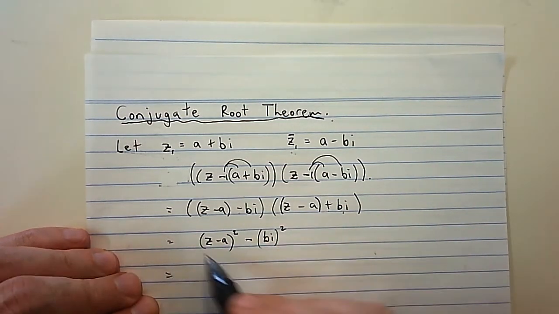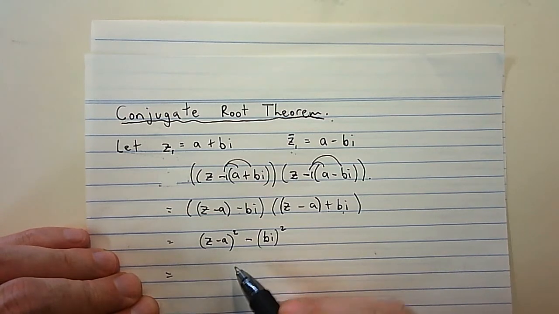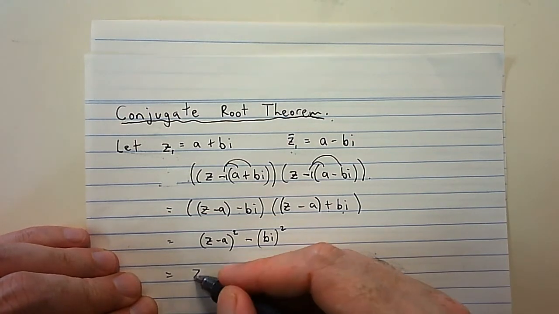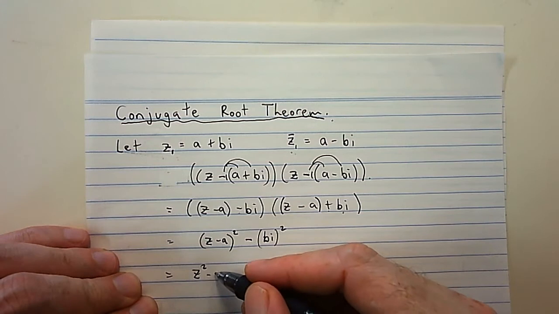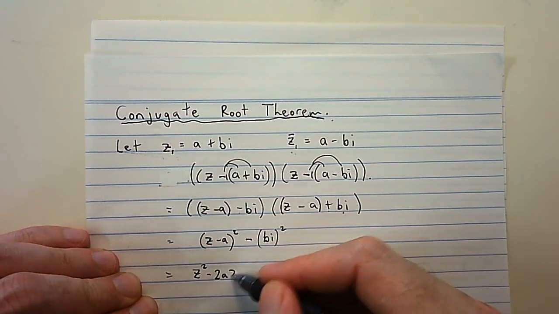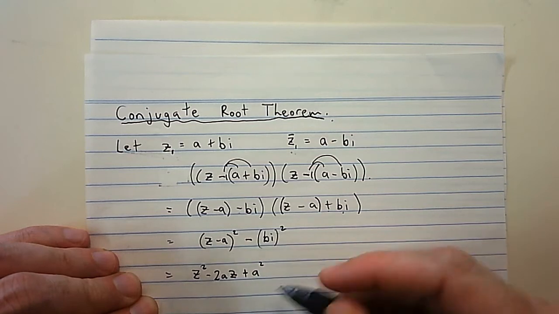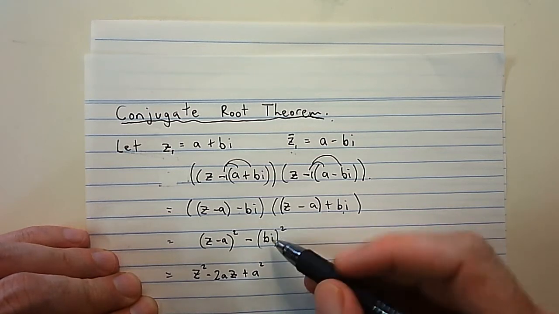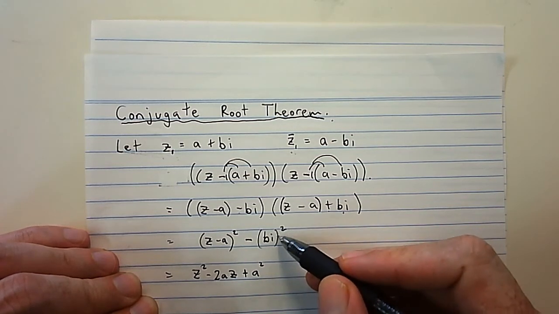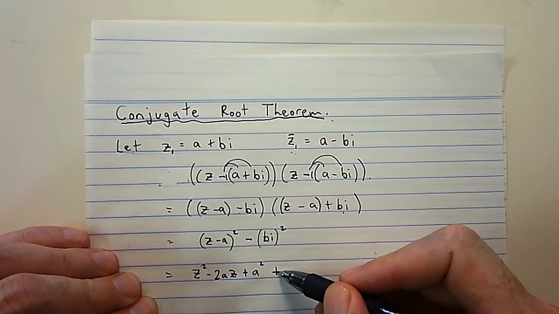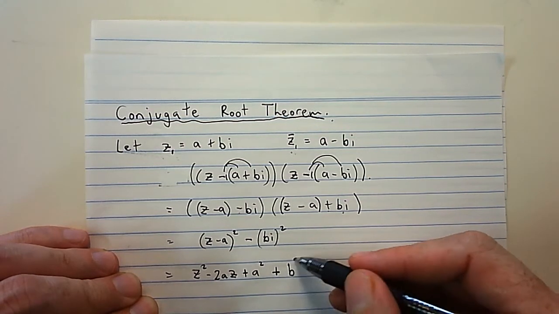If I expand out these brackets, z take a squared, I'll end up with z squared take away 2az plus a squared. And if I square this, i squared gives me -1, so I'll end up with a positive there, and I'll just have plus b squared.